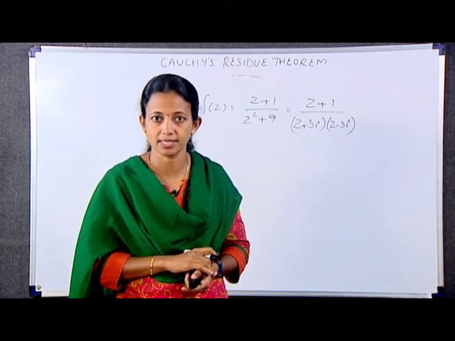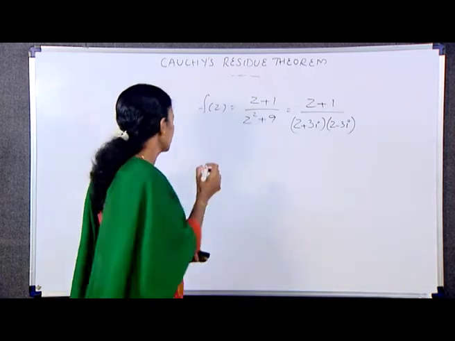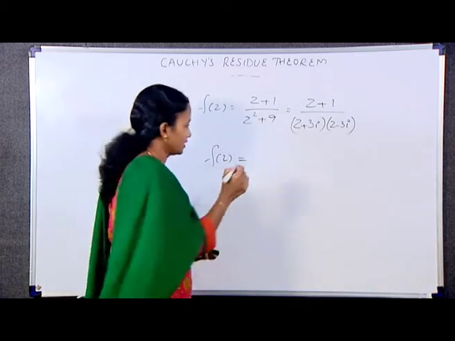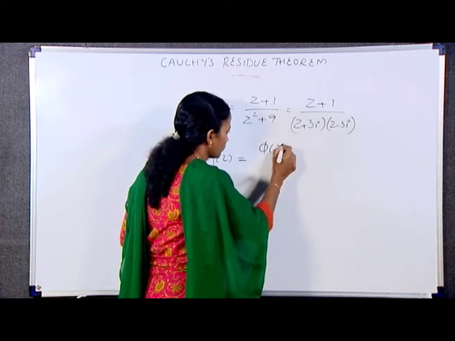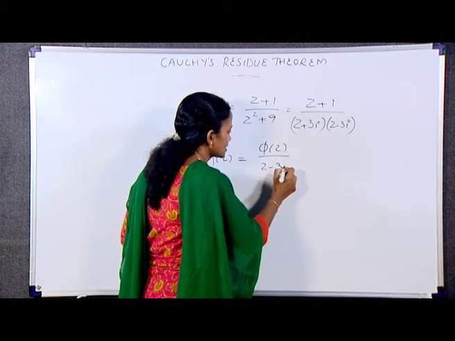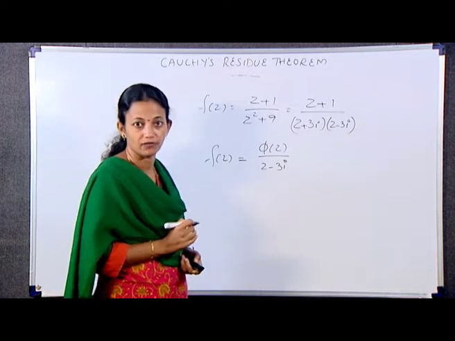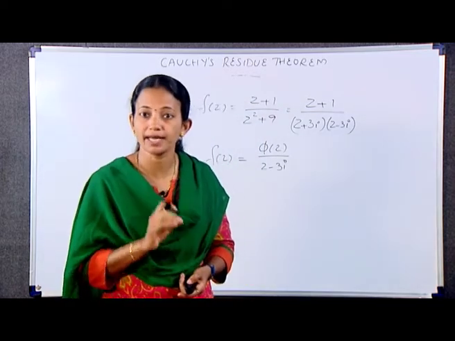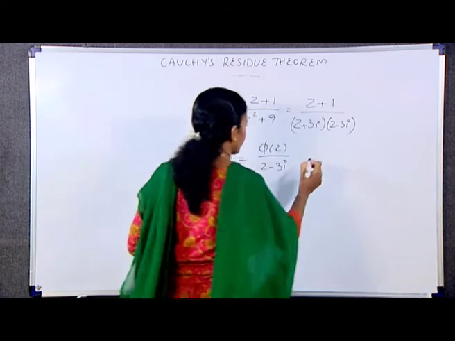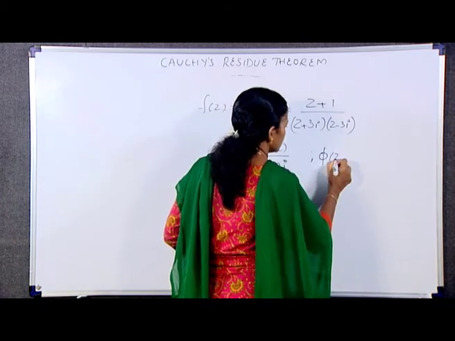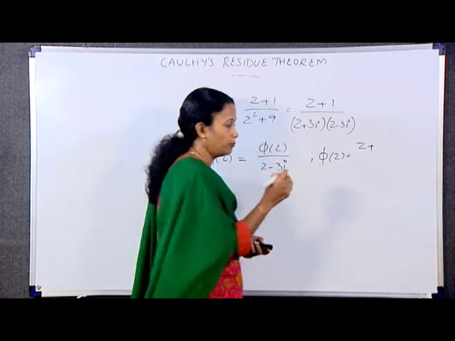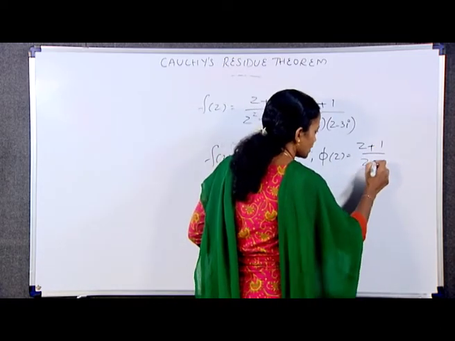It can be written as f(z) is equal to phi(z) by (z minus 3i), where phi of z is equal to z plus 1 by z plus 3i.